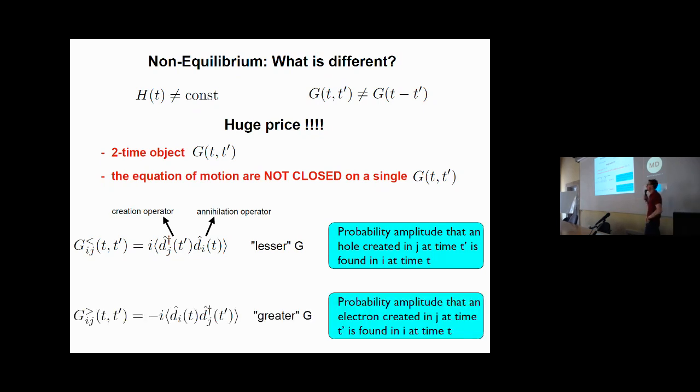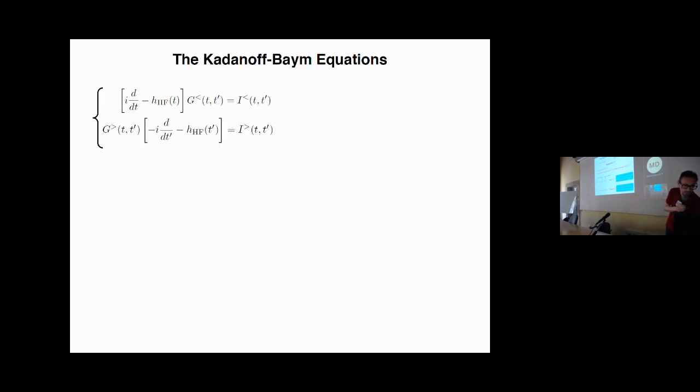So essentially what we need is a lesser Green's function that describes the propagation of electrons, but we also need another Green's function, G greater, that describes the propagation of holes. And both of these, again, depend on two temporal variables.